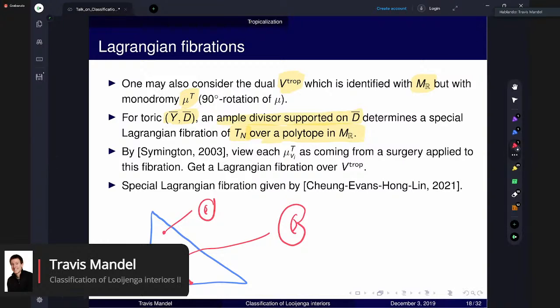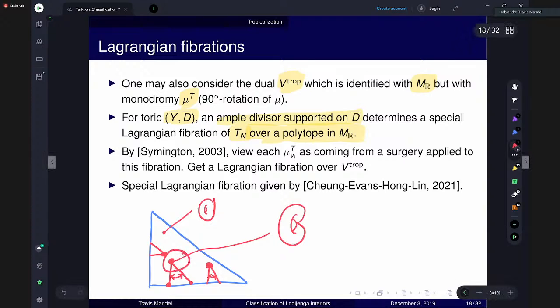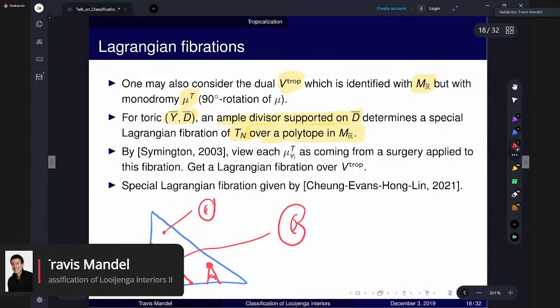And if you do a bunch of toric blowups, you can just view that as doing the surgery for a bunch of triangles. You can also do this on other components, for blowups on other boundary divisors. And then each one of these gives you a focus-focus singularity from the monodromy around that. That's the monodromy of the fundamental group of these tori, or the homology of these tori living up above.